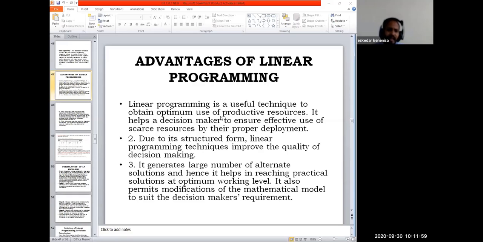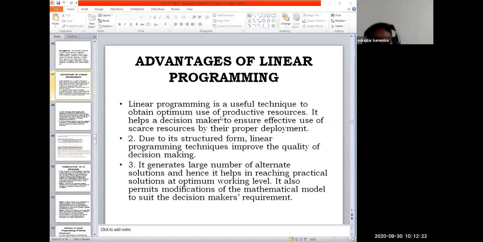It helps the decision makers, especially the managers, to ensure effective use of scarce resource by their proper deployment.